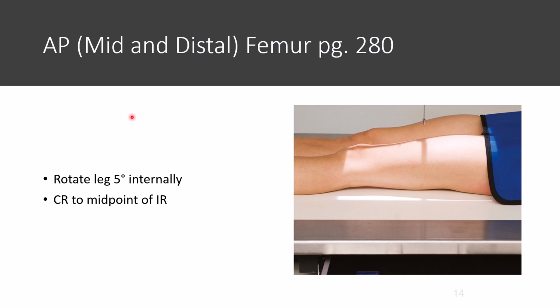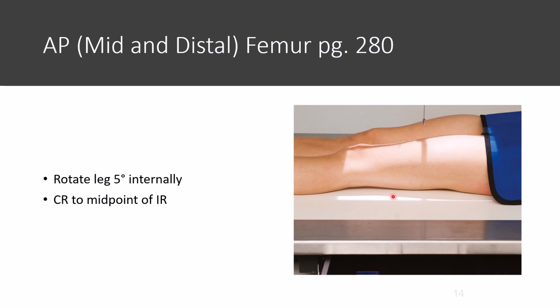So on this AP of the mid and distal femur, you can see the femur is a long bone, so you need the joints at both ends, but you're never going to fit that on an adult on one IR. So you start by capturing the knee joint and as much of the lower femur as you can. So you're at a 40-inch SID.